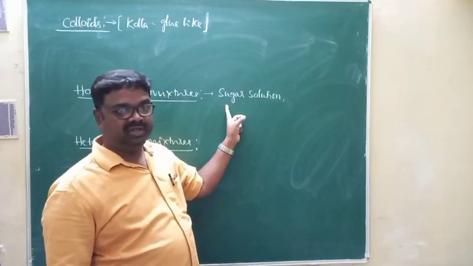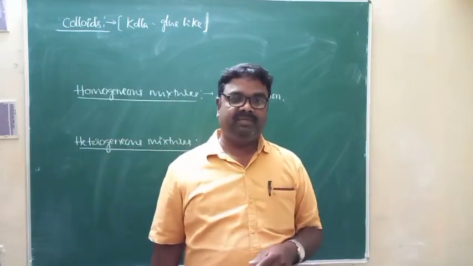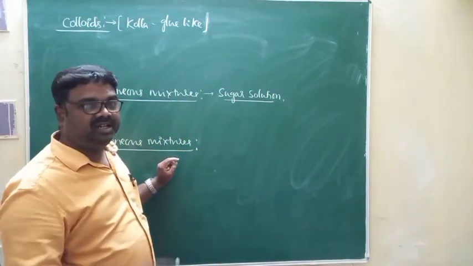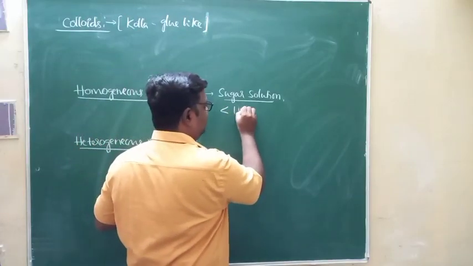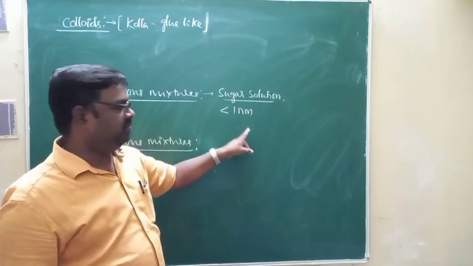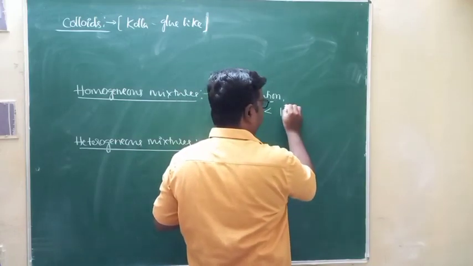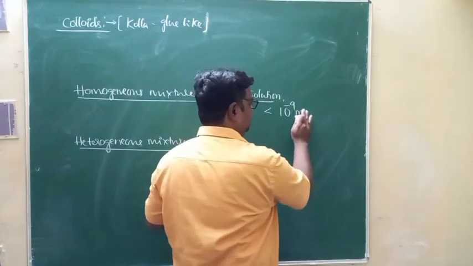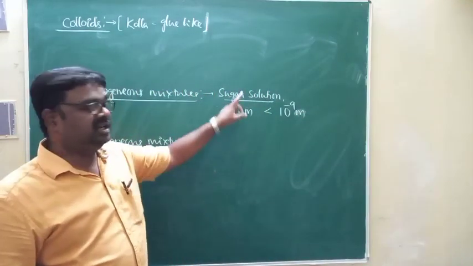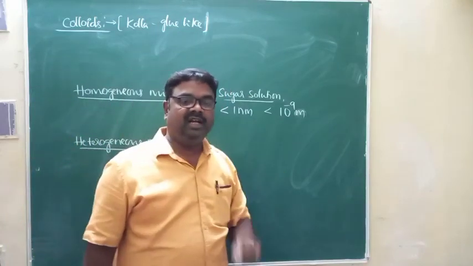In the case of a sugar solution, the size of the sugar particles in water will be less than 1 nanometer, or you can say less than 10 to the power of minus 9 meters. Because of that, sugar particles are not visible to our naked eyes, and the solution is highly transparent.